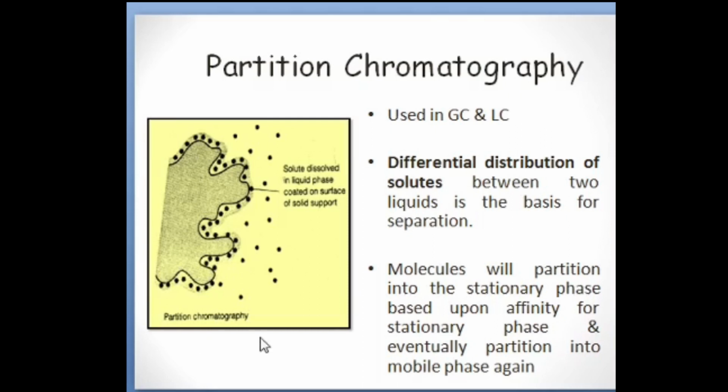The ones that have a stronger bond with the mobile phase, which is polar, will flow slower. Okay, they will be retained in the paper earlier.